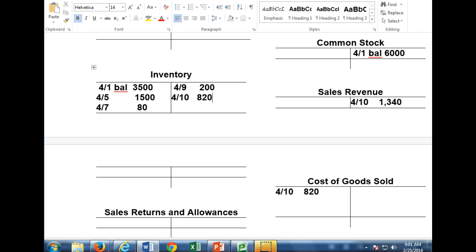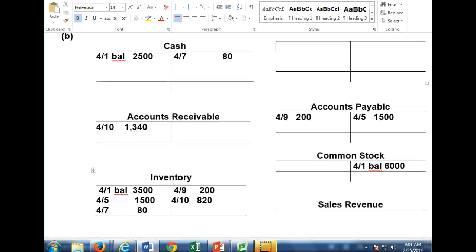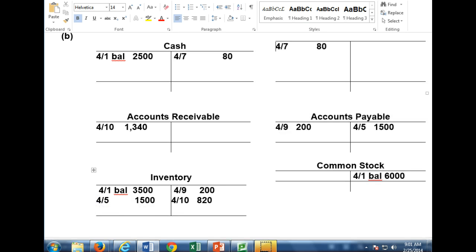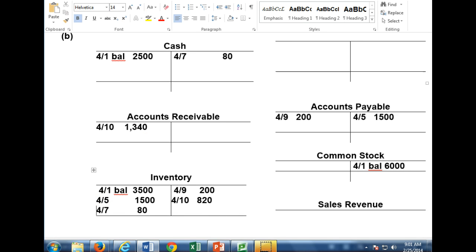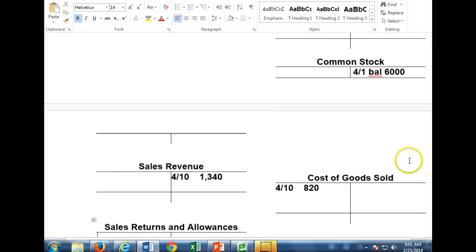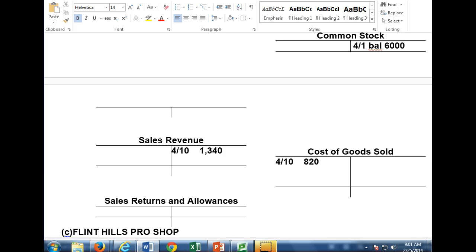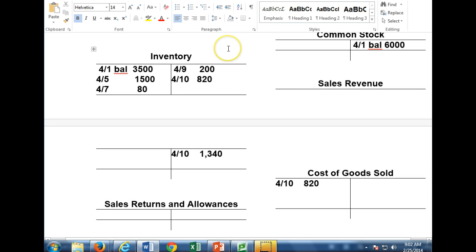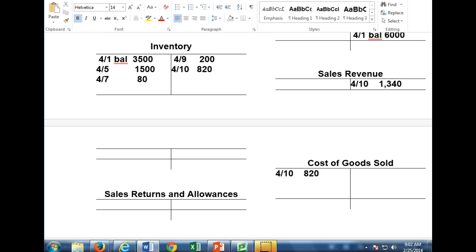What happens to inventory? It gets debited on the 12th. Inventory. What did I just do? So inventory, what just happened? Inventory gets debited on the 12th for how much? 830.